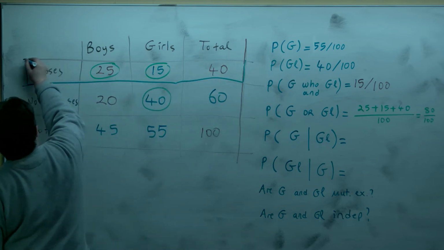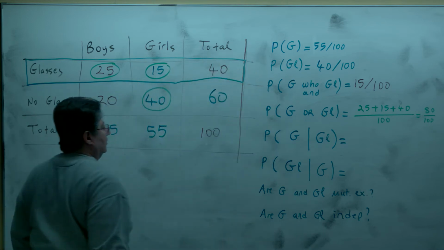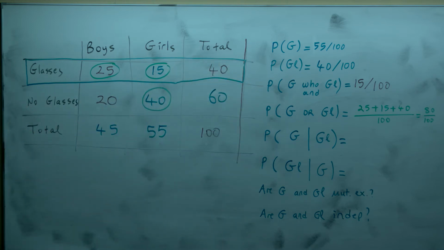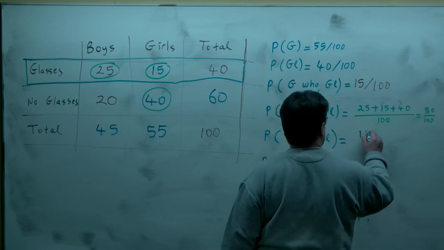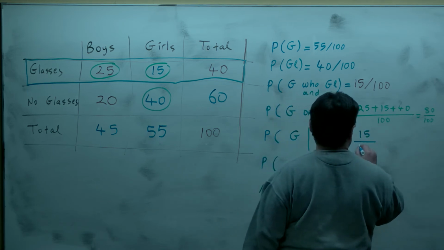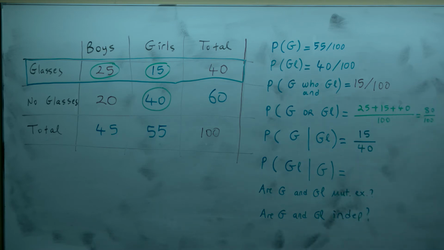You are not interested in anyone else, because you are given that the student is wearing glasses. Out of these, you want the probability of those that are girls. So it is 15 over 40. Okay?